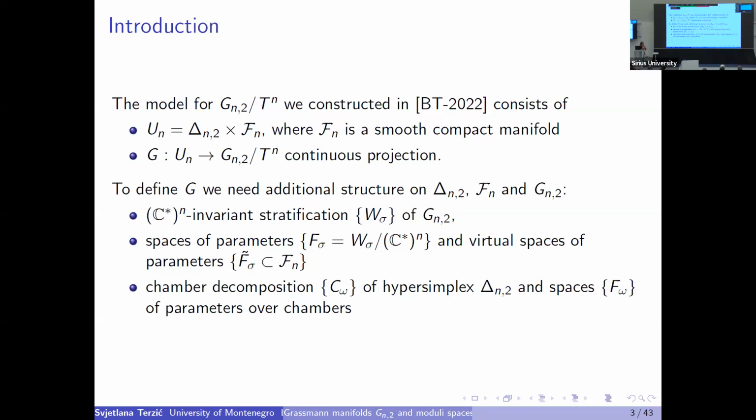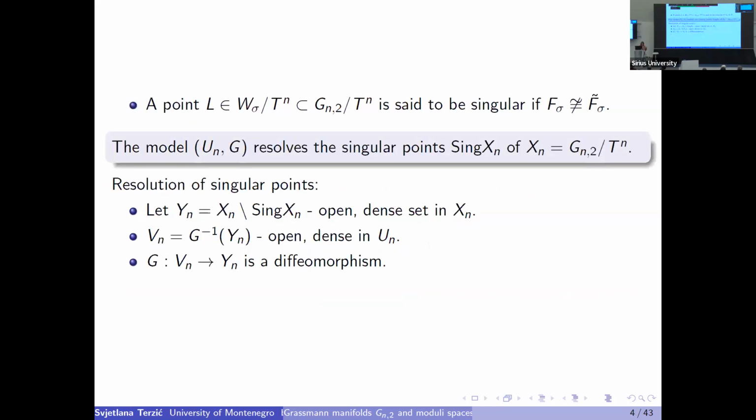And we also need a chamber decomposition of the hypersimplex delta n2, which again corresponds to this stratification, and some spaces of parameters over chambers. These are notions we had to develop in order to construct our model for this orbit space, and I'm going to say more about it in detail.